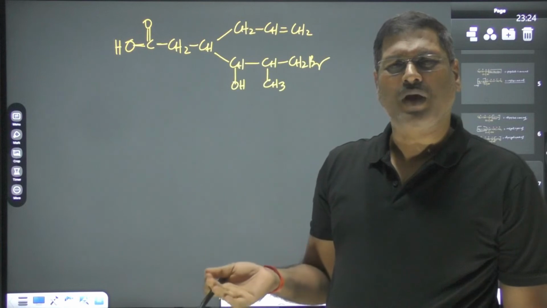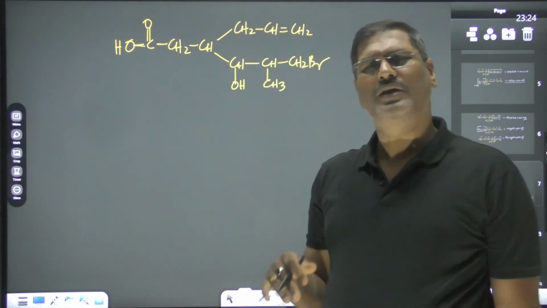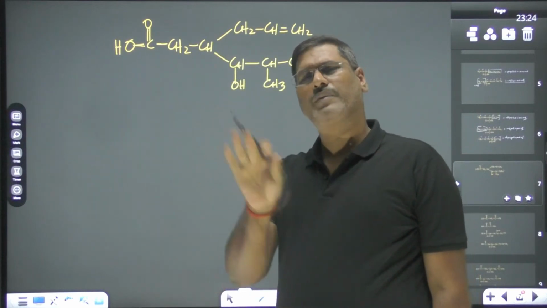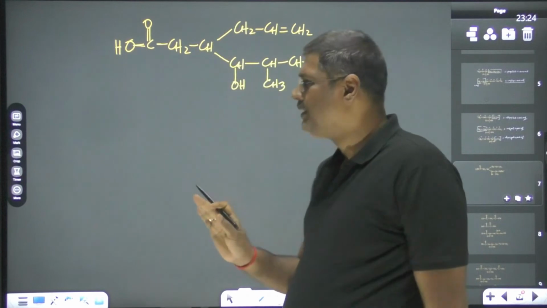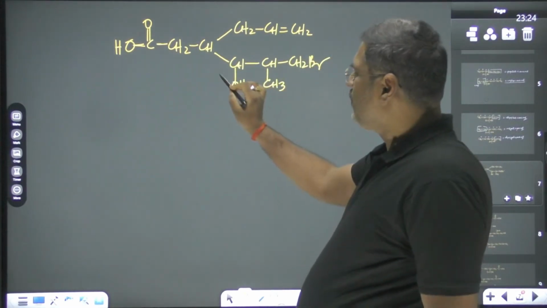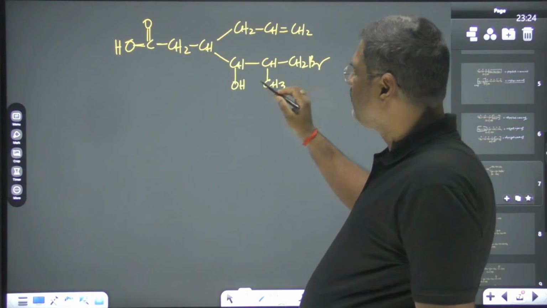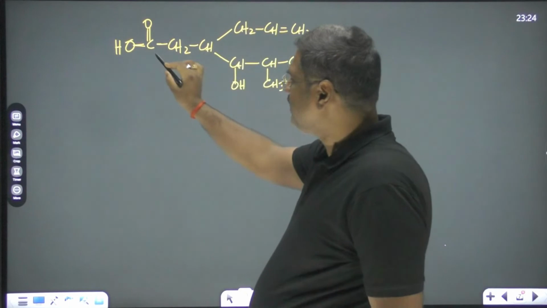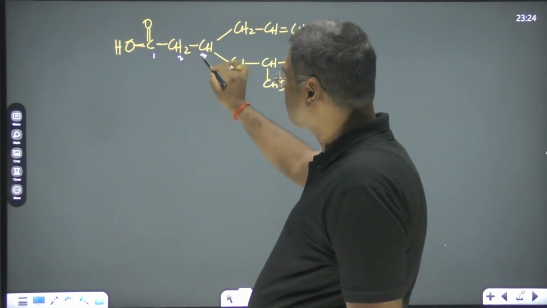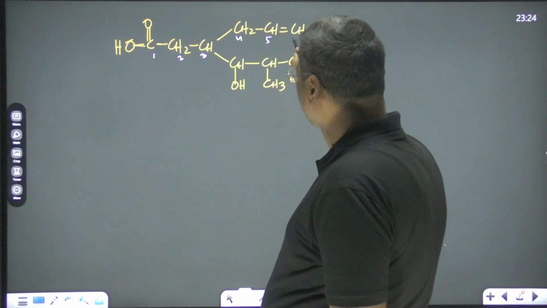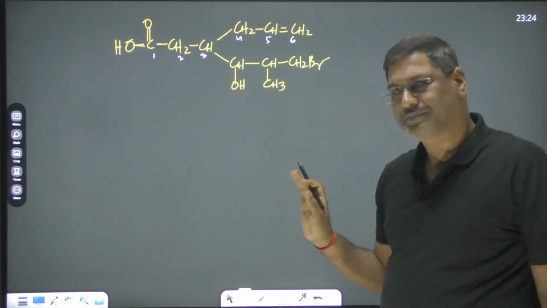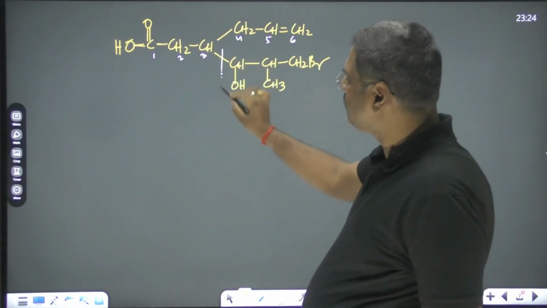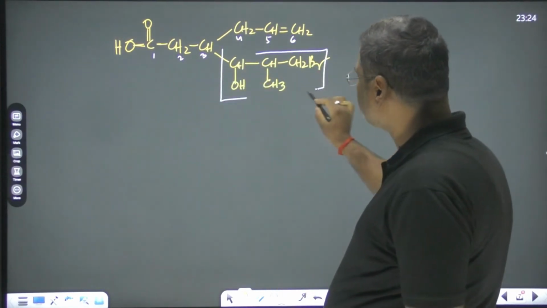Then the more number of carbon atoms. Then the more number of substituents, right? Then alphabetical precedence, right? So certainly we don't care about these substituents, more number of substituents. We don't care. And so we decide this one is 1, this one 2, this one 3, this one 4, this one 5, this one 6. This is the parent. We have decided. And this is the way you have to do. Then what about this? Yes, this one is treated as substituent.